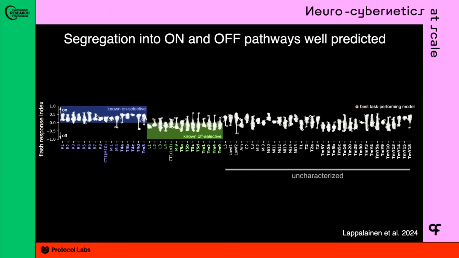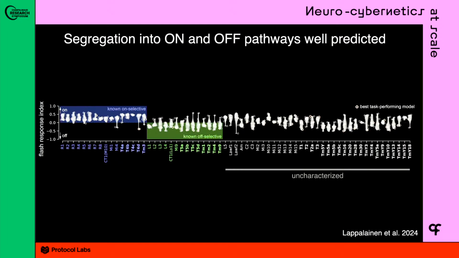Now, another class of characterization that's been performed is that most sensory systems segregate into on and off channels. These pathways in the visual system, I mean, only half of these cell types have been experimentally characterized to date.